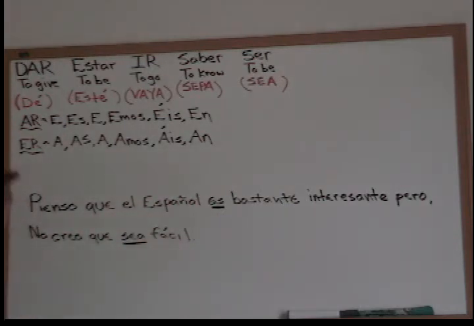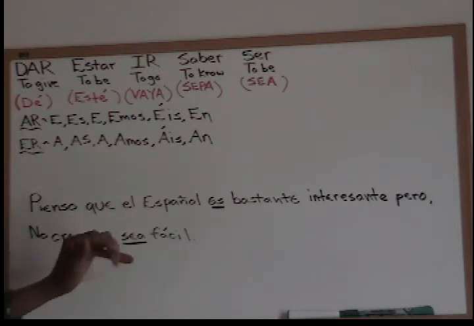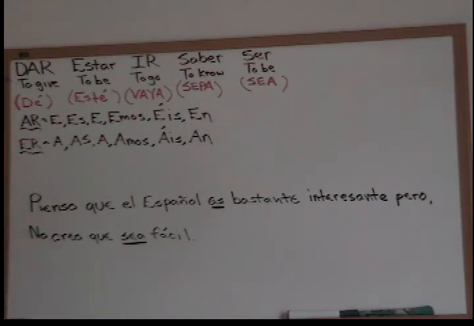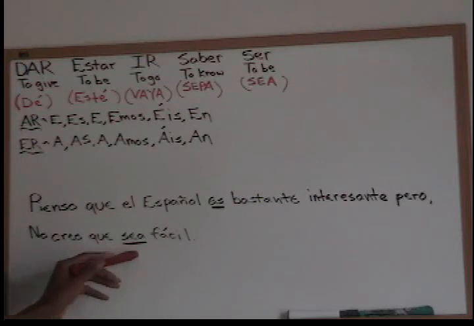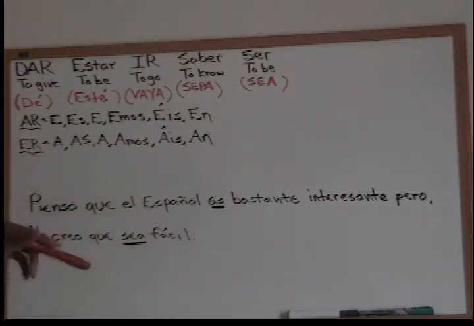But the difference is that the sea here is in the subjunctive, because it's a doubt. This is "no creo que sea fácil." It's a doubt, so they use sea here. It wouldn't make sense if you were to say "no creo que es fácil." It has to be sea because here is a subjunctive.